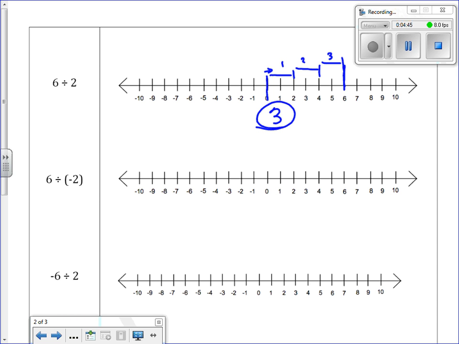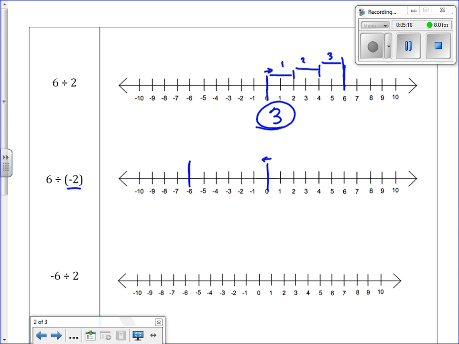Now I have 6 divided by negative 2. Now I know that I want to end up at 6, all right? The thing is, I have that negative symbol there in front of that 2, so it says I got to look to the left. And I'm going to just think about it again in terms of absolute value. The distance I want to go is to 6. The whole negative really doesn't matter once we figure out which way we're going on the number line.